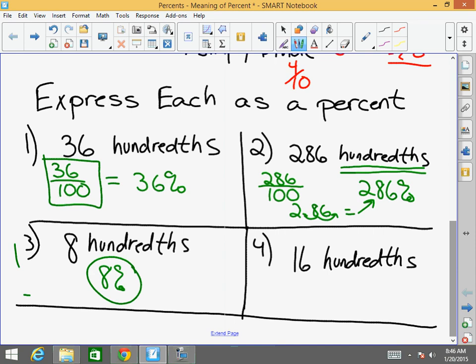No, this is not a decimal, son. 8 hundredths is 8 over 100. Whenever you have a value over 100, it's going to be turned into a percent. That is a percent for every 100. How would I write 16 hundredths as a percent? 16%.